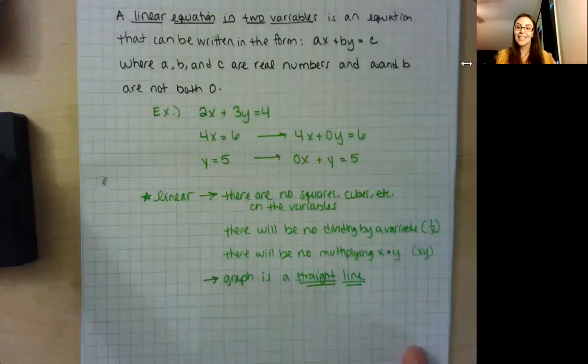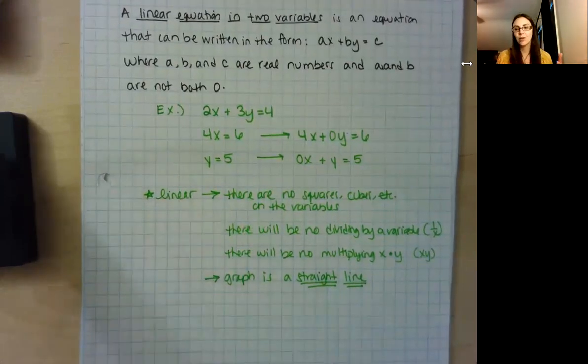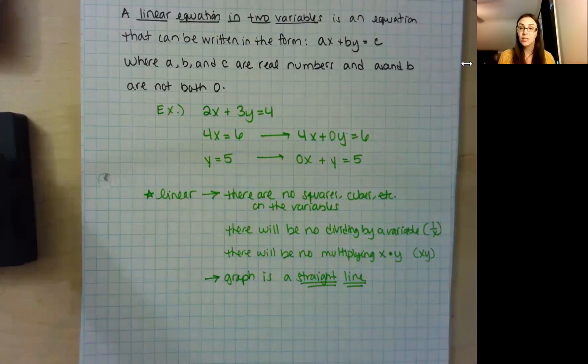That is why they're called linear. Linear has the word line in it. So all your graphs in this section are going to be straight lines. So we're going to be focusing on graphing this specific kind of equation. But of course, many other kinds of equations exist. So I don't want you to think that there are not other kinds. There are plenty of other different examples, but we're going to focus in this class on the linear, which are the most simple ones.